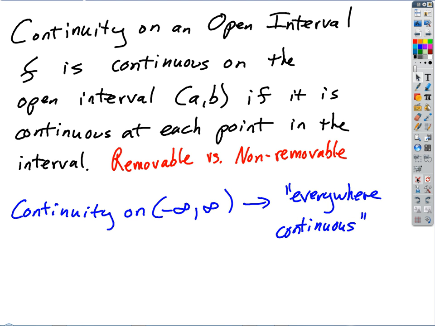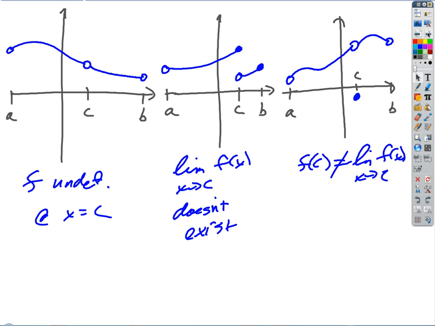A removable discontinuity is one that you can repair by either adding or moving a single point, which seems fairly doable, right? We can just either fill in the hole, or we can move a point that's not overlapping with the hole. So if we were to go look at our examples on the next page, which two of those examples would we consider to be removable?